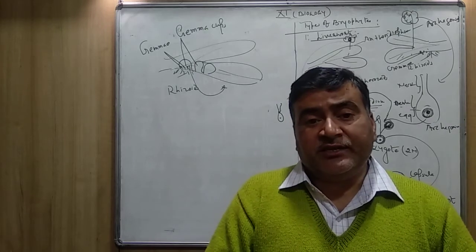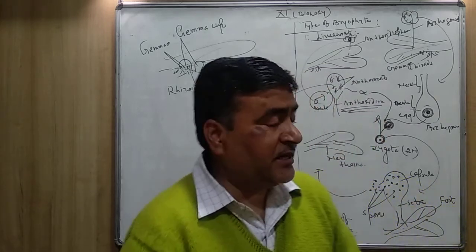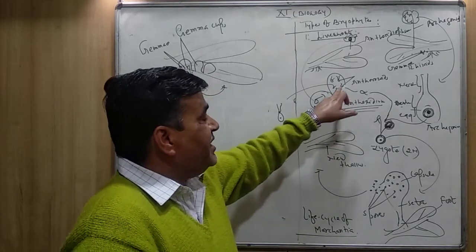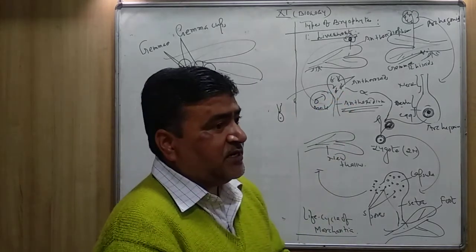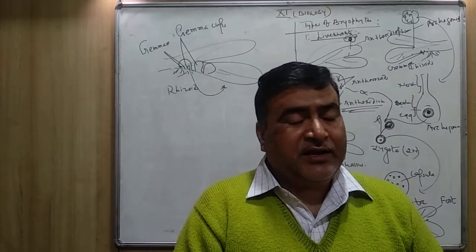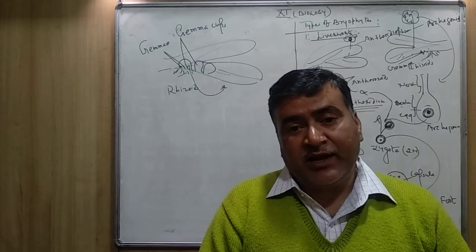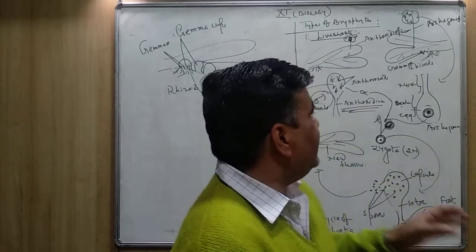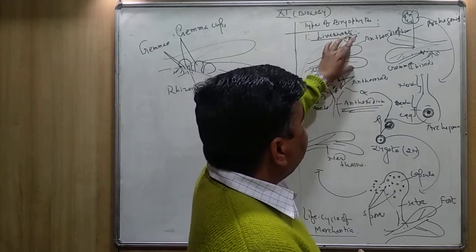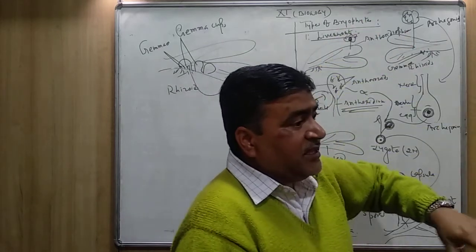Why is water needed during the process of fertilization? As we have discussed, the male gametes, antherozoids, are biflagellated, they are motile, and the female gamete is non-motile. Now the male gametes have to swim from the male thallus to the female thallus in the presence of water.